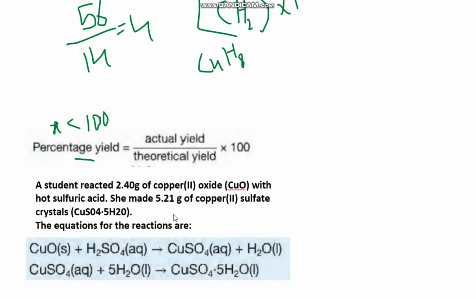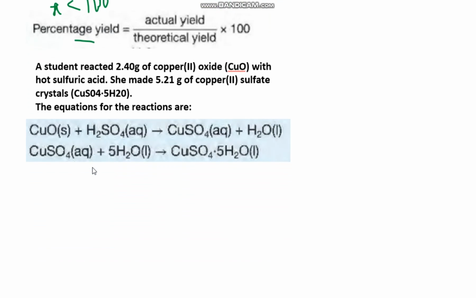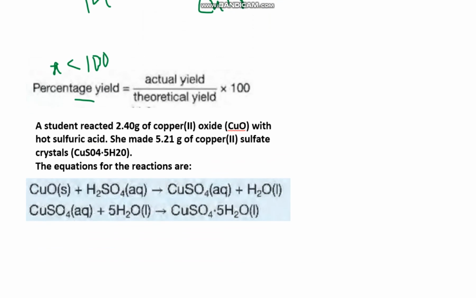So a student reacted 2.4 grams of copper(II) oxide with hot sulfuric acid. She made 5.2 grams of copper(II) sulfate. Now we have two equations here.